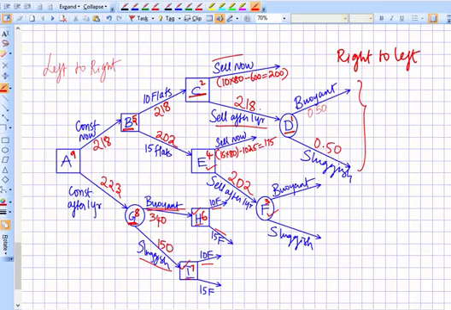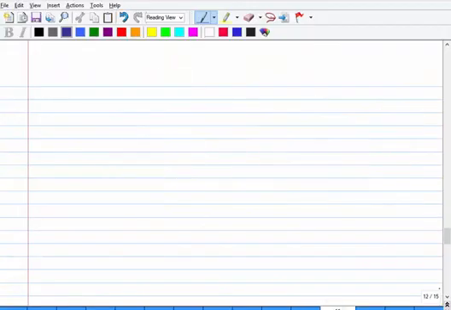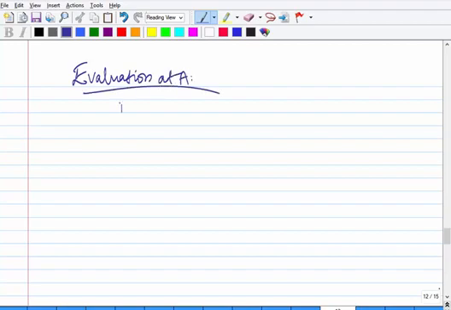Now we are in the final phase, that is, we have to do the evaluation at A. So that's basically comparing the construct now and construct after 1 year. Let's do that as well. Evaluation at A, and A is basically a decision node. So if you construct now, what is the benefit?